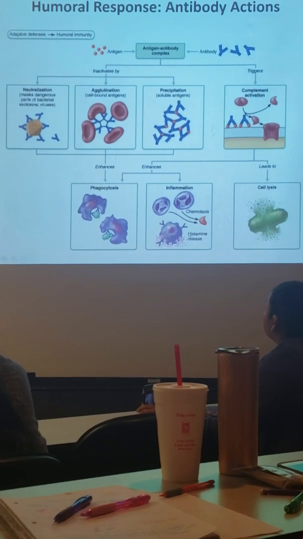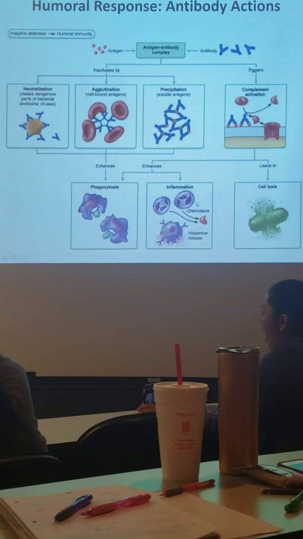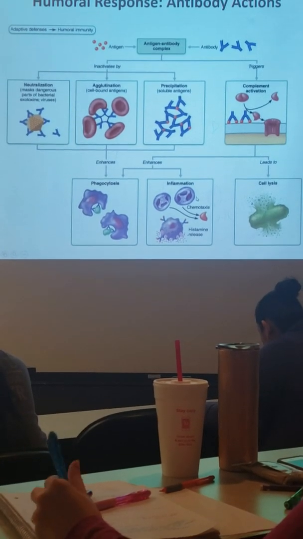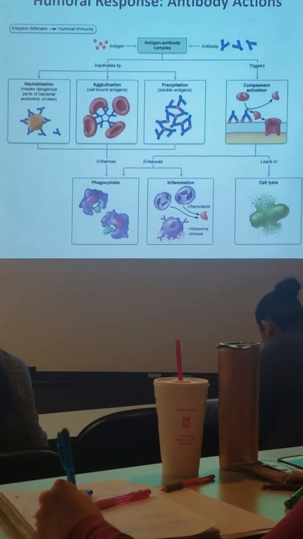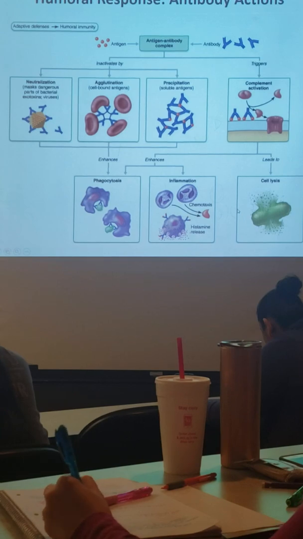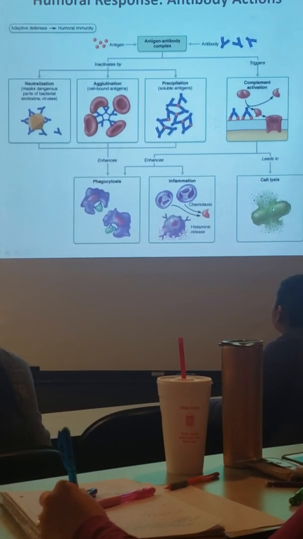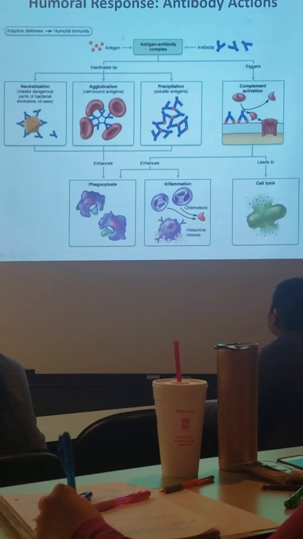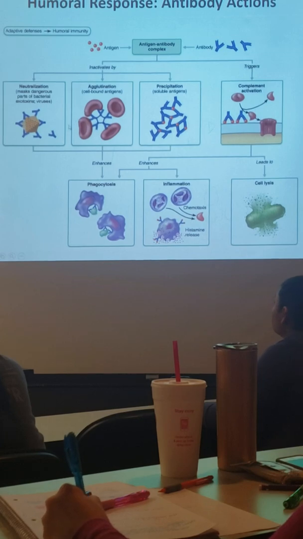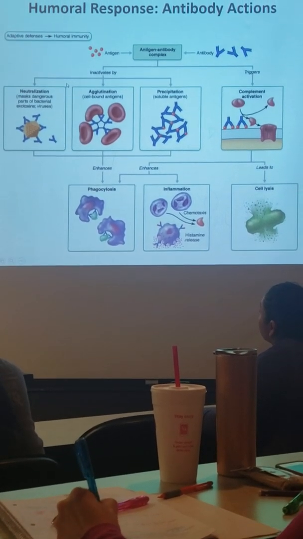And then we said that it stimulates inflammation. So that's that whole IgE thing over there. And the whole complement thing, it can eventually lead to cell lysis. Okay? So all of this right here, look at how many ways we can kill or neutralize a pathogen just by one molecule.